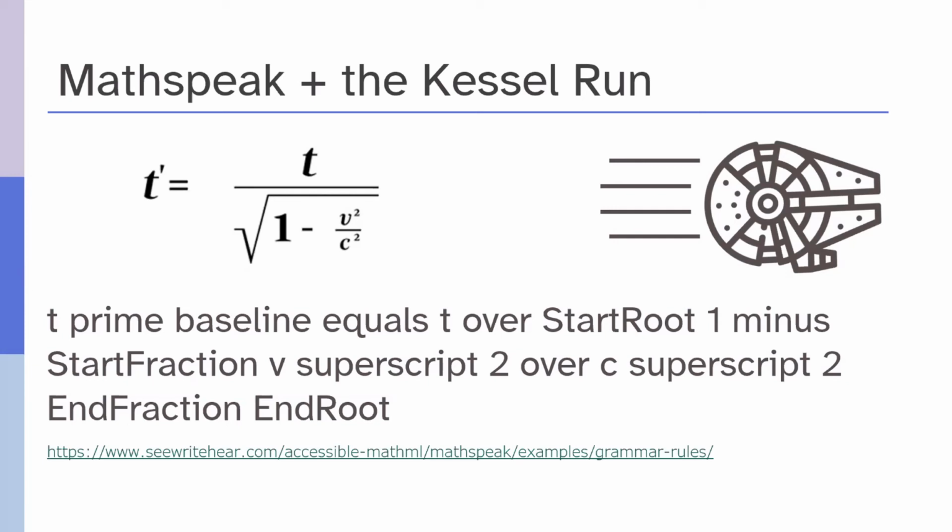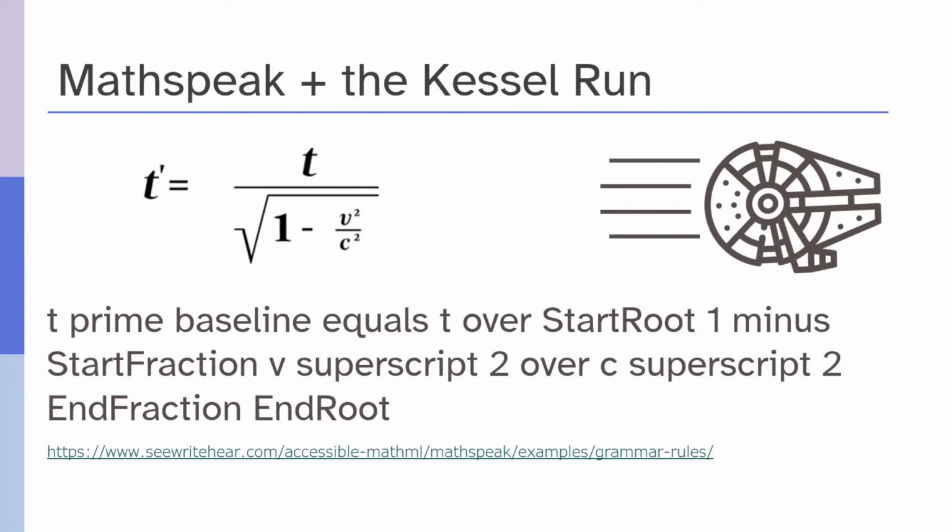It basically describes time dilation, moving through time and what happens. So with this equation, it becomes T prime baseline equals T over start root 1 minus start fraction V superscript 2 over C superscript 2 end fraction end root, which sounds like a bit of a mouthful, but it is actually a brilliant system for describing equations.